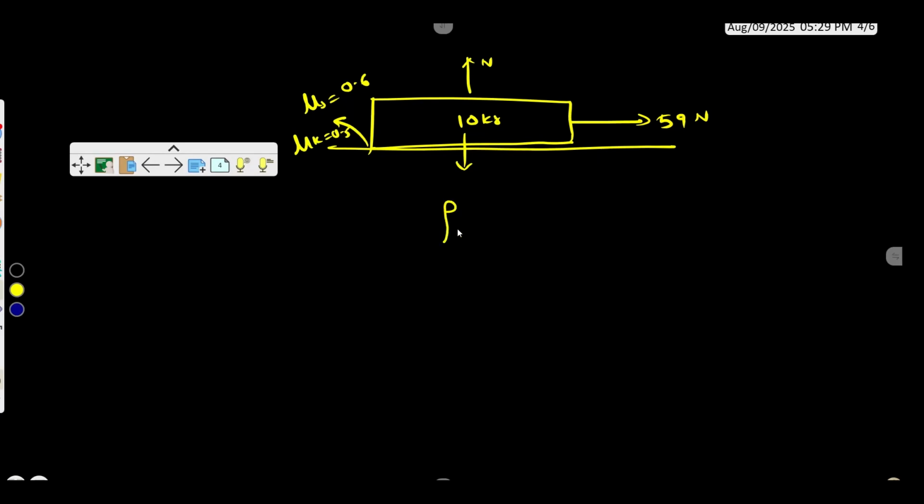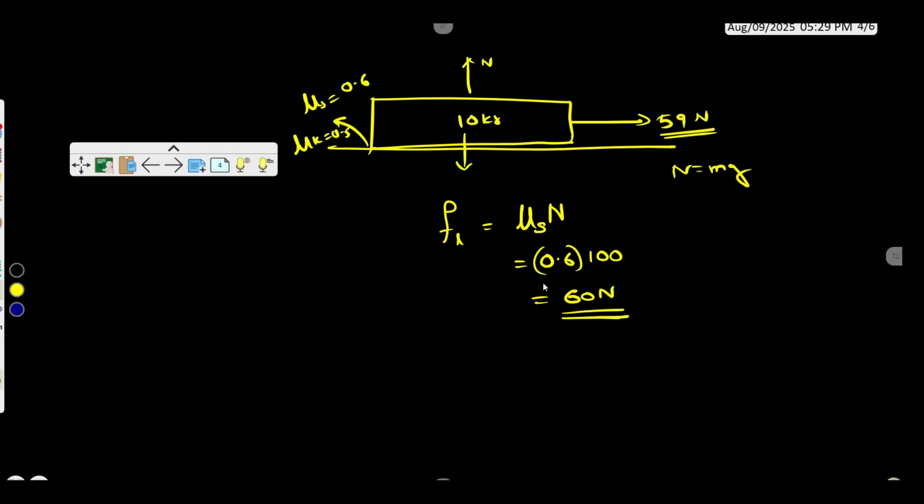To understand whether the body is moving or not, we have to use limiting friction. Limiting friction is mu static into normal reaction. Mu static is 0.6 and normal reaction is 100, which is mg. So that gives me 60 Newton. Then I compare this 60 Newton with this 59 Newton.